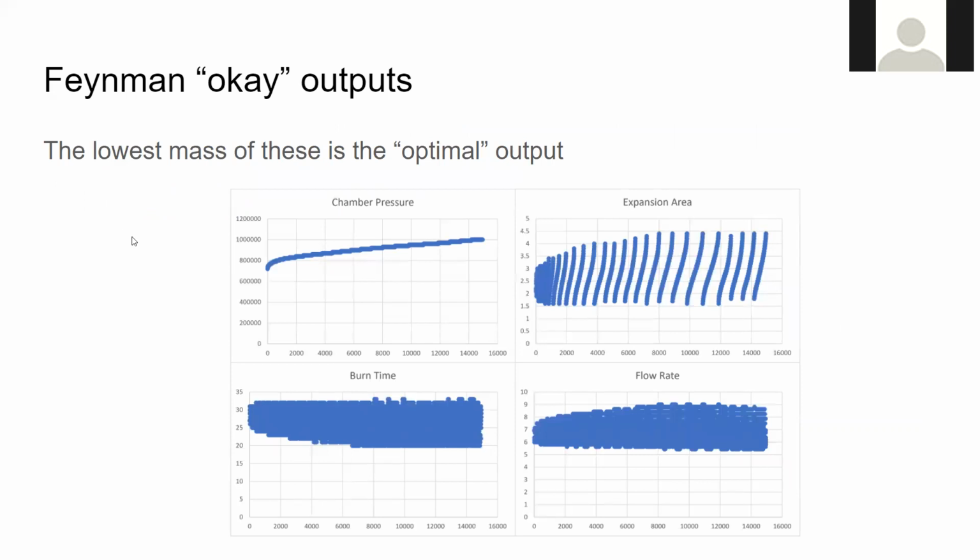This is a graph that just shows what some of those outputs look like. And the reason I have this in here is to show you that there is a very large span of rockets that are okay.